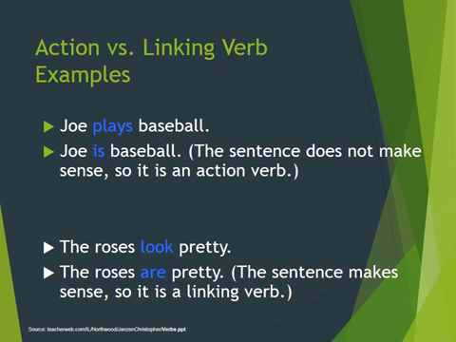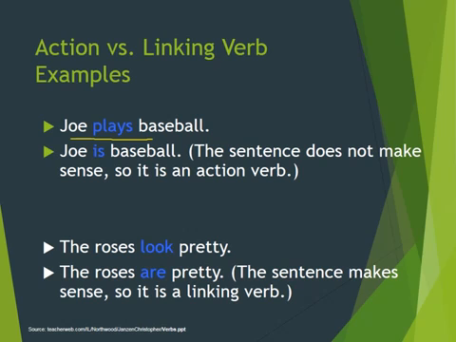But look at what happens if we change is in place of plays. We want to see if it still makes sense. So Joe is baseball. That doesn't make sense. So we know we have an action verb. Even though this was pretty straightforward, we know plays is a physical verb, but still it's more about teaching you the technique.